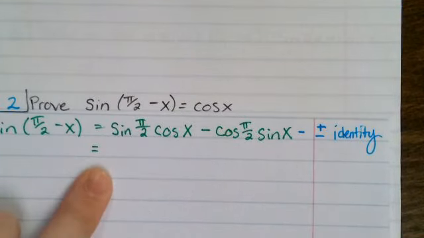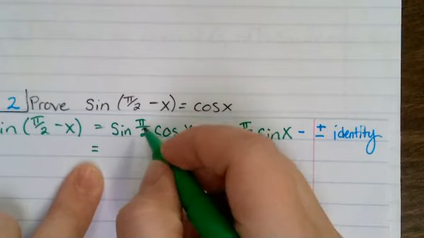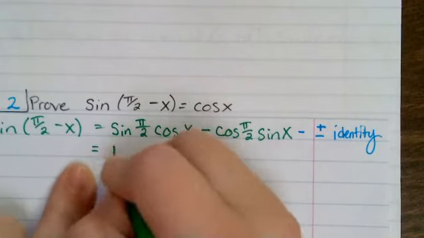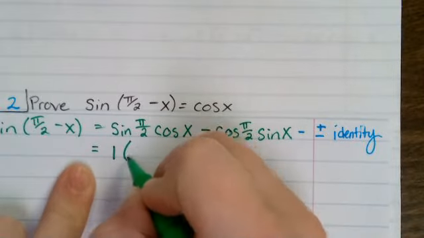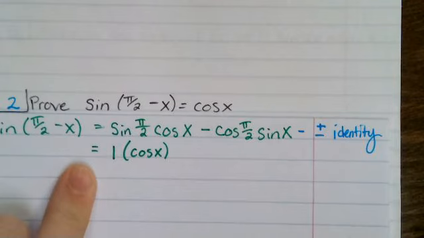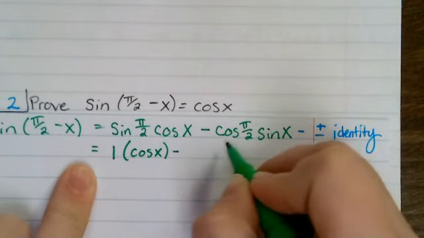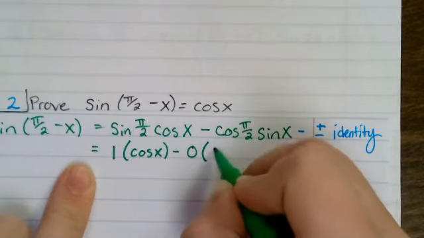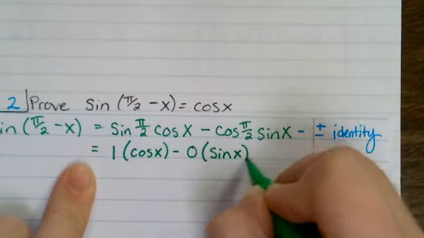Sine of pi over 2, if you look at pi over 2 and look at the y value, that's going to give you 1. We don't know what cosine of x is, but we know it's going to get multiplied times 1. Then over here, minus cosine of pi over 2, which is 0, is going to get multiplied times sine of x.